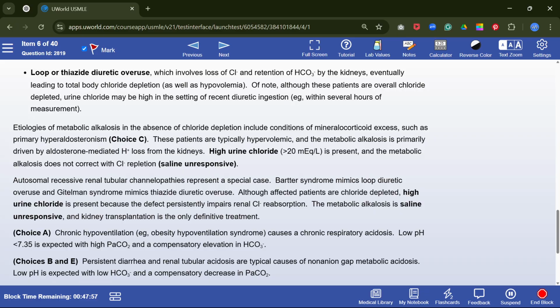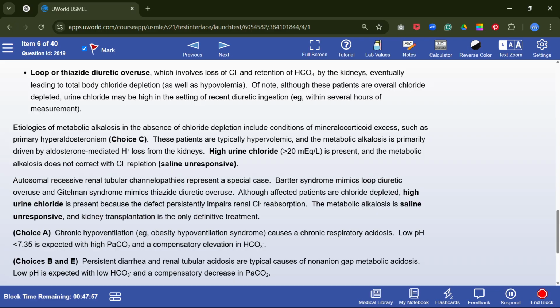So as it is blocking the chloride channel, this chloride is unable to be reabsorbed. The chloride remains in the blood, and when it is excreted through the kidney, then urine chloride may be high.